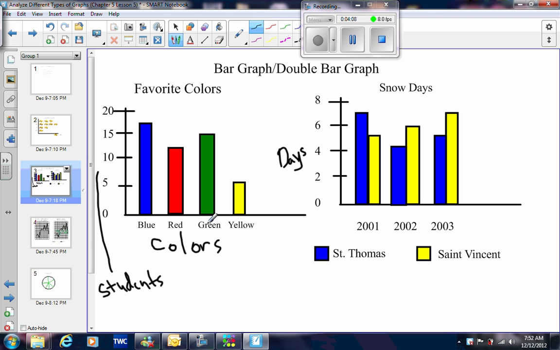Over here, if we had another school we are comparing favorite colors of, for instance, we could take that school and arrange it in a double bar graph and have both those schools represented in that one graph. And then down here I would put school year, just labeling that axis.